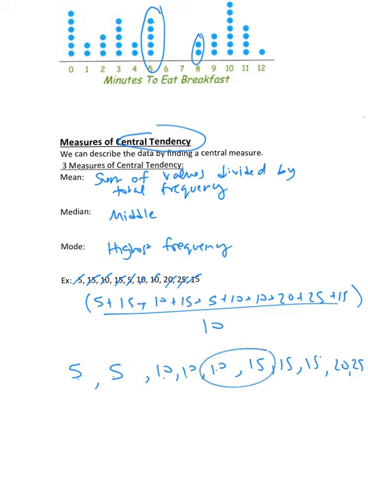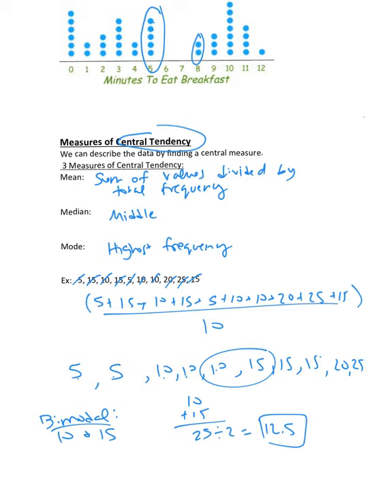These 2 are in the middle. So the average of 10 and 15. If you added 10 plus 15 and then divided by 2, you would get 12.5. That's your median. And the mode is the number that appears the most. It turns out there are 2 modes, so you have what's called bimodal. Bimodal is when you have 2 modes. The modes are 10 and 15.